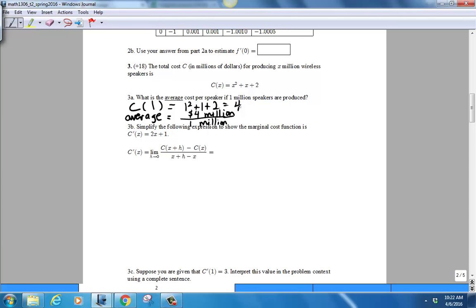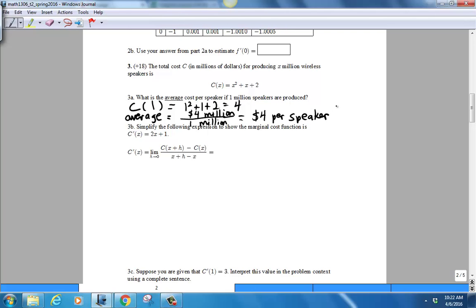So you're just going to take your $4 million total cost and divide it by the 1 million speakers you produced, and that's going to give you your average cost per speaker. So the right answer there is $4 per speaker.